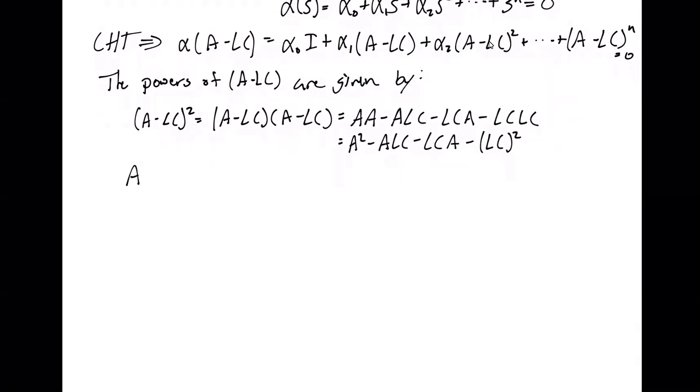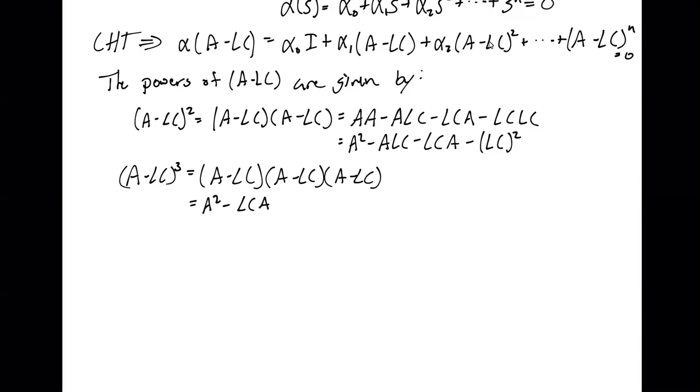So next is A minus LC cubed, okay? So again, that's A minus LC times A minus LC times A minus LC. Okay, so then this guy is equal to, let's just start with using the results from the last one, which is equal to A squared minus ALC minus LCA plus LC squared. Actually, we're going to take a step back from the last one.